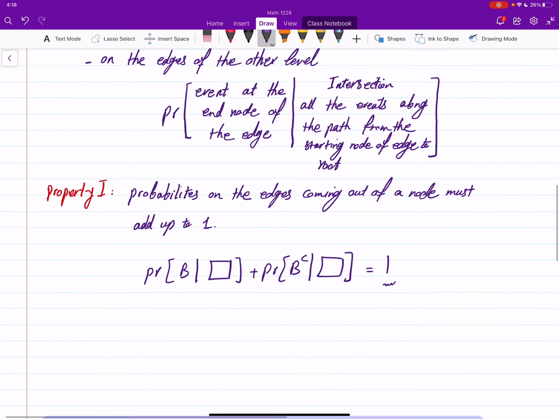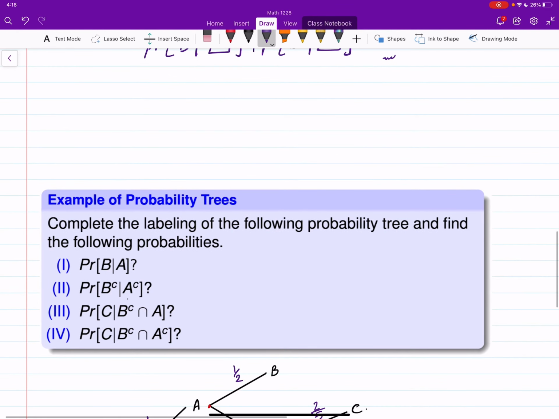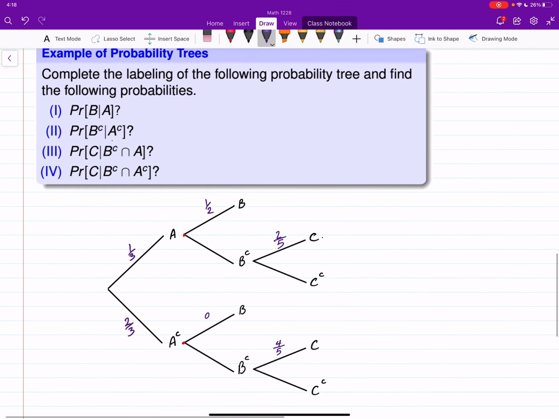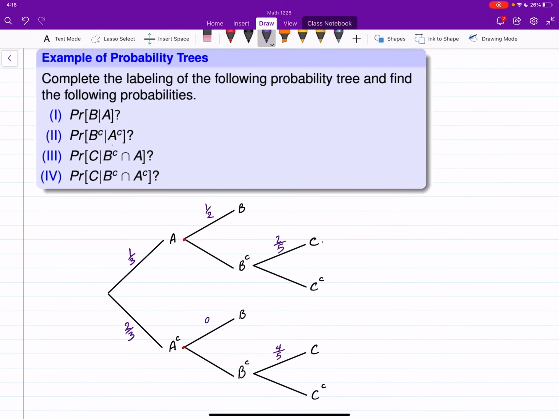Okay. So having all this set up, let's just finish the video with one example. First thing here, I have a probability tree with some missing numbers. The question says to complete the labelings and then find the given probabilities from the tree. So there's one rule here: the probabilities on the outgoing edges must add up to 1 for every node.